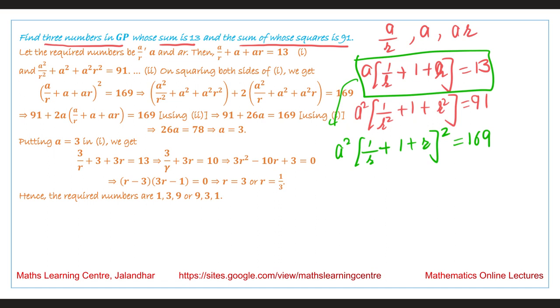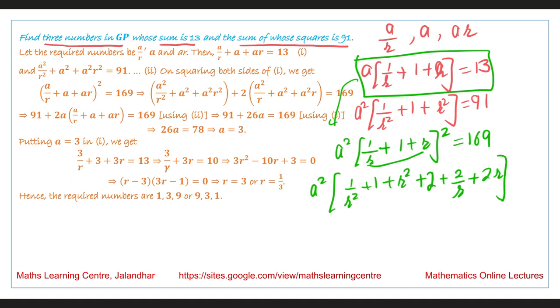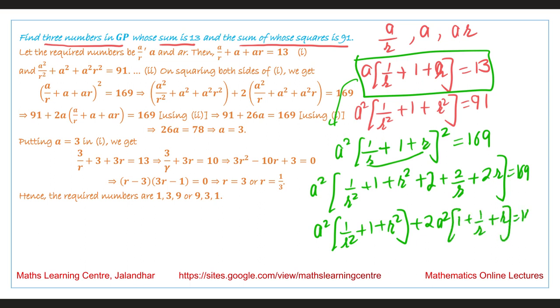And if we open this square, we will obtain 1 by r square plus 1 plus r square plus the product of these terms, it is 2 by r, and then it is 2 times r, that is equal to 169. So this implies that a square into 1 by r square plus 1 plus r square plus 2a square into 1 plus 1 by r plus r is equal to 169.